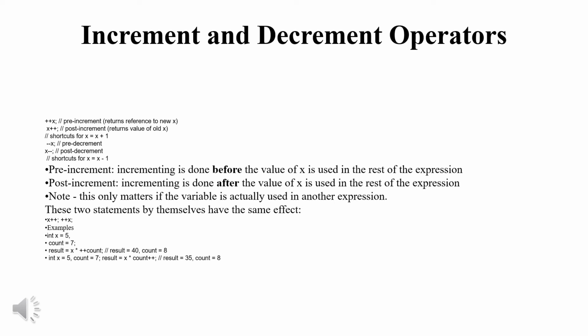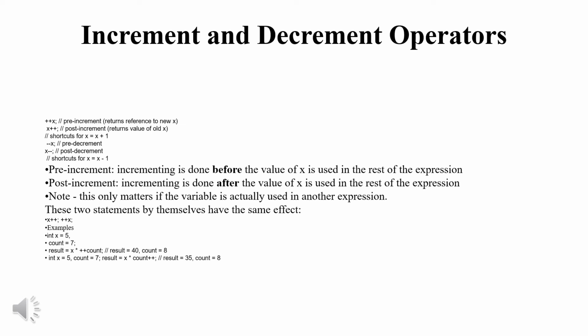But here there is some very small difference between plus plus x and x plus plus, or minus minus x and x minus minus. The first one, plus plus x, is pre-increment, right? And x plus plus is called post-increment.